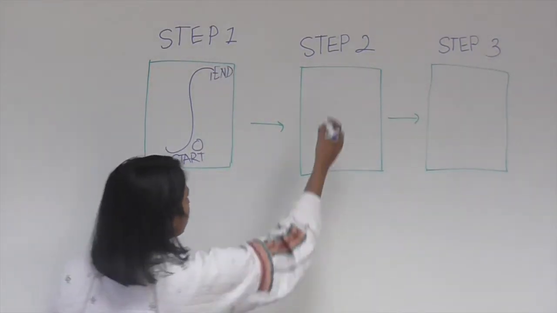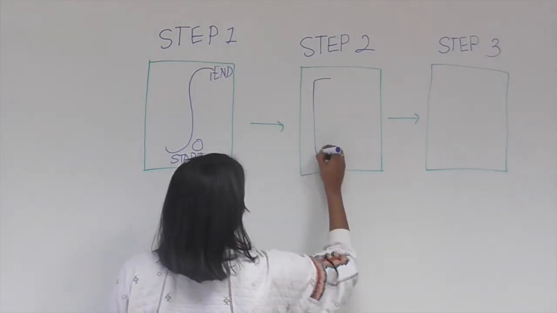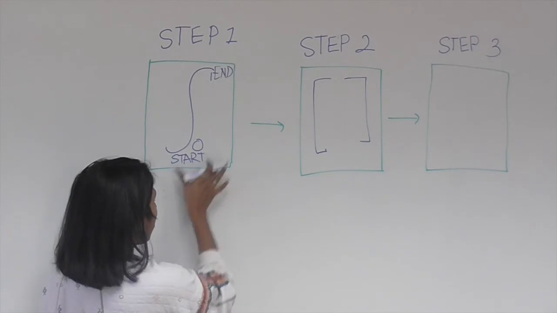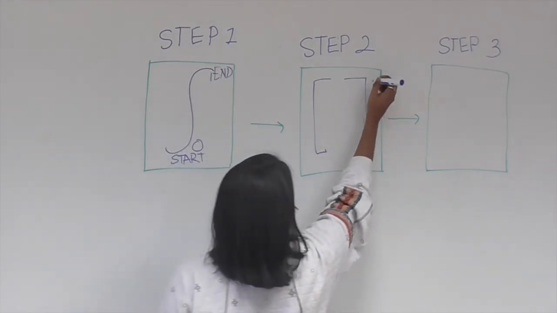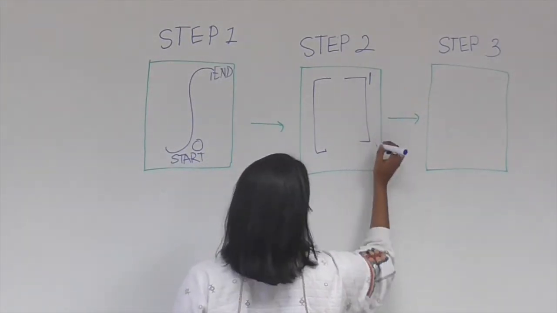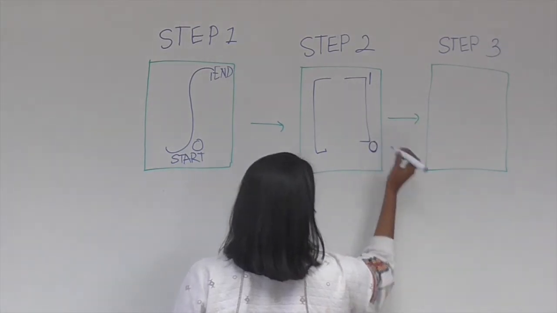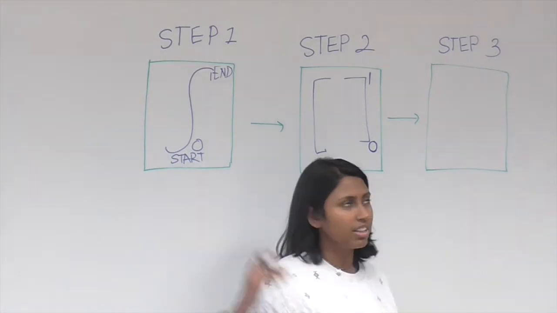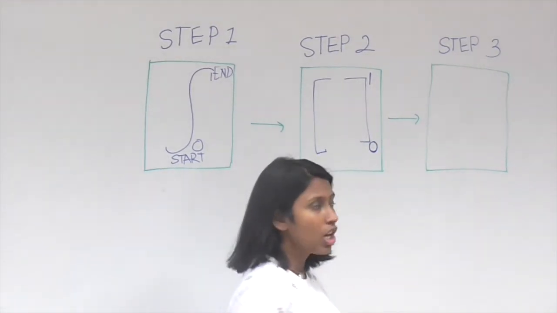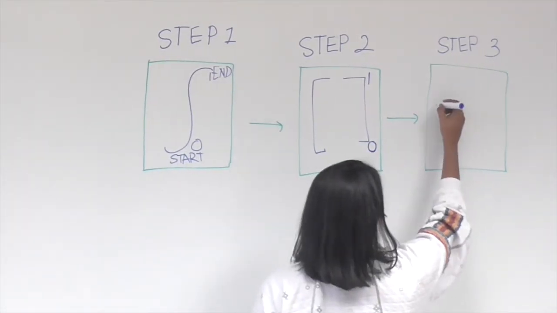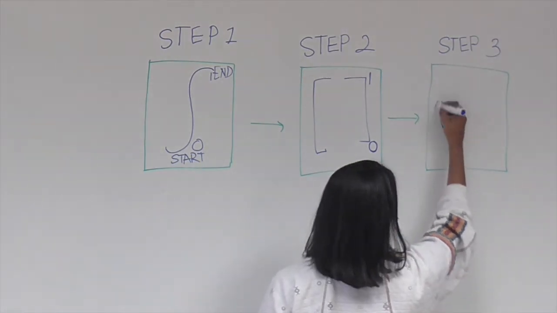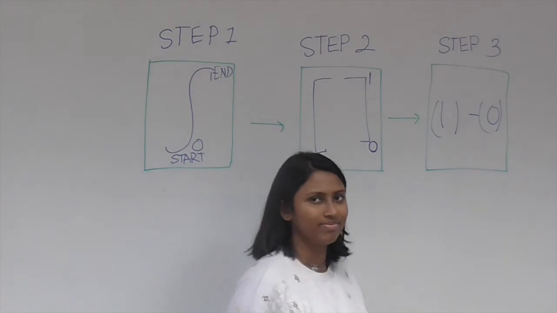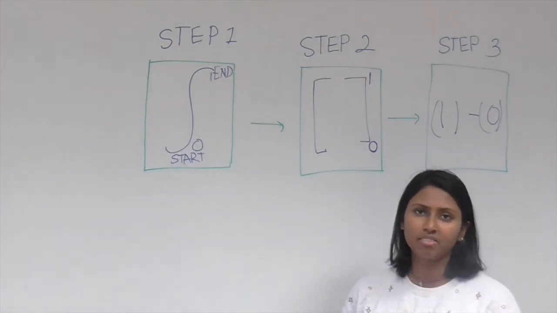Then in step 2, when you write it in your brackets at the end, again this is just a projection of your symbol. So your bigger number will be at the top and your smaller number will be at the bottom. And then finally, when you're calculating it while plugging in these values for x, you do the bigger number minus the smaller number. And these are just some things you can keep in mind.